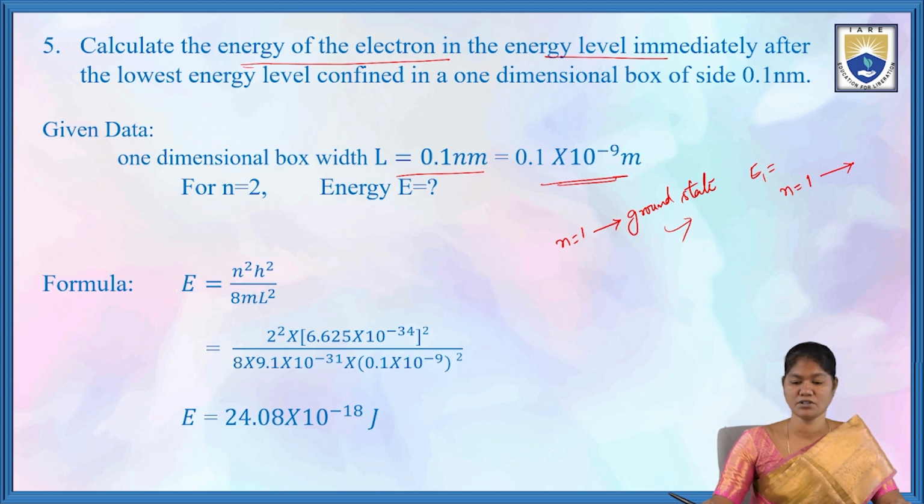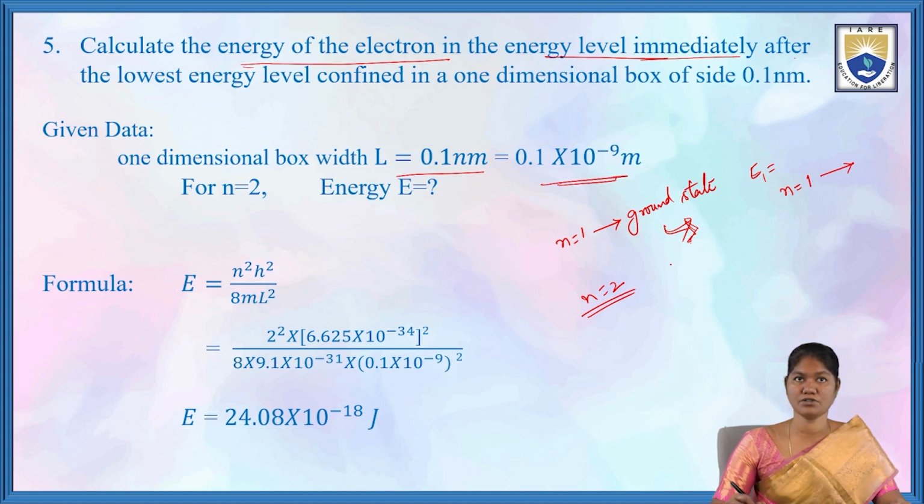We need to calculate the energy level immediately after the lowest energy level, that is, after the ground state. So n is equal to 2. We need to calculate the energy at n is equal to 2, which occurs immediately after the ground state, in the excited state.